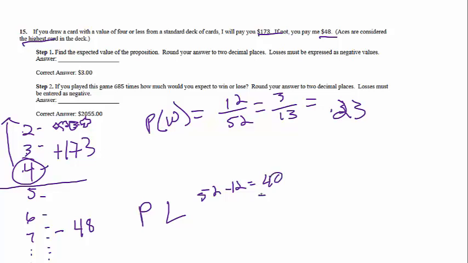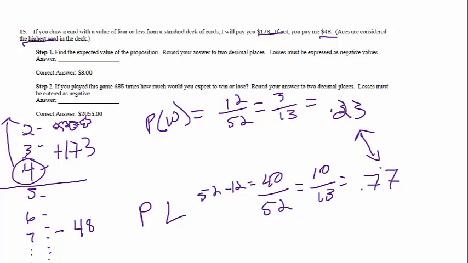That is 40 out of 52, which is 20 out of 26, or 10 out of 13, a probability of about 0.77. Note that these two are complements of each other, so you could also just do 1 minus 0.23 and arrive at the same answer.